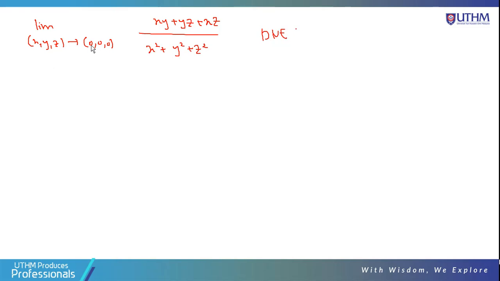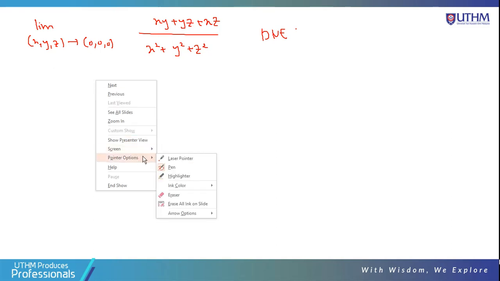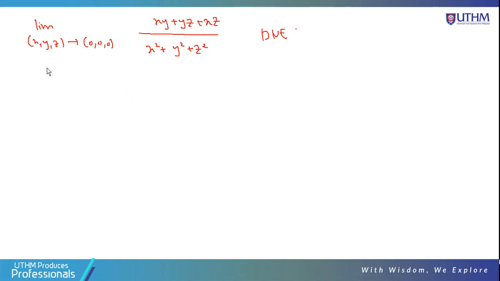If the question gives 3 independent variables, you can use the same method as for 2 independent variables, or you can change the function to a parametric equation, where all the variables become t. So the first step is to change to the parametric equation.